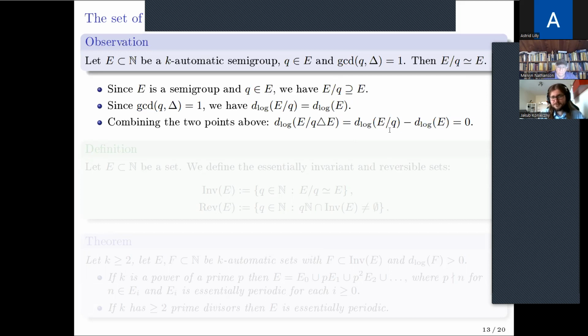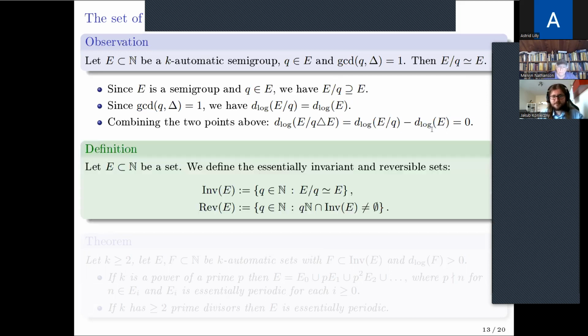So from those two facts, we immediately conclude that the two sets are essentially equal. This motivates us to look at the set of integers of approximate multiplicative invariants of our set E, and at the set of reverse of elements which divide some of the elements of inf E.